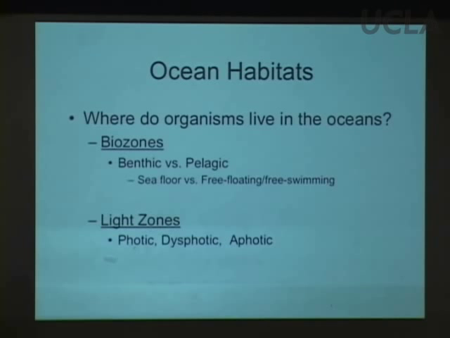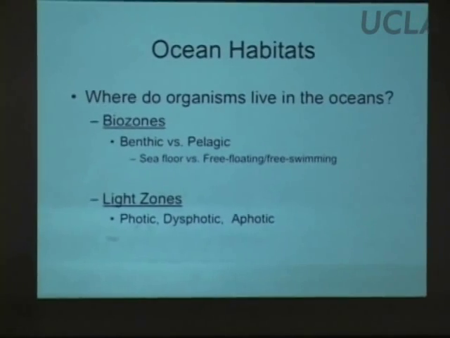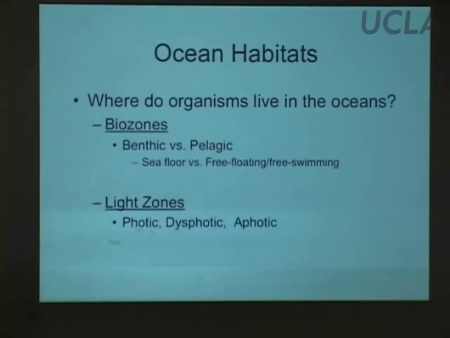And that turns out to couple with another feature of the habitat, which is, as was mentioned, benthic versus pelagic. Benthic means having to do with the seafloor. A benthic organism, like an abalone, like kelp, like a flounder, would be an organism that lives near or associated with the seafloor. And a pelagic organism would be like tuna or plankton.